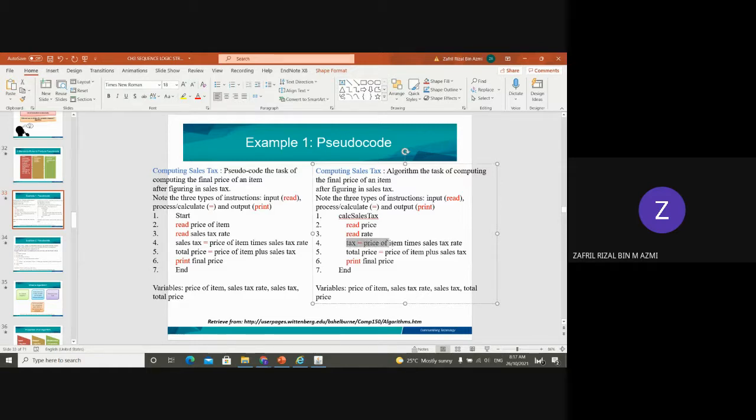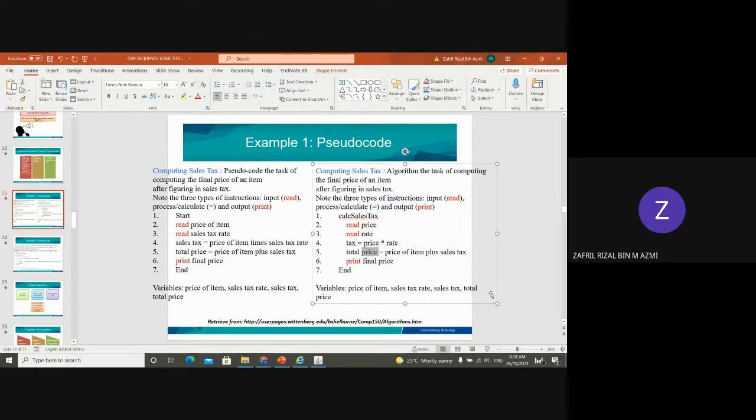So what's supposed to be the equation over here, class? Tax equal to what? Price times rate. Okay, correct. So over here, let's say I use total.